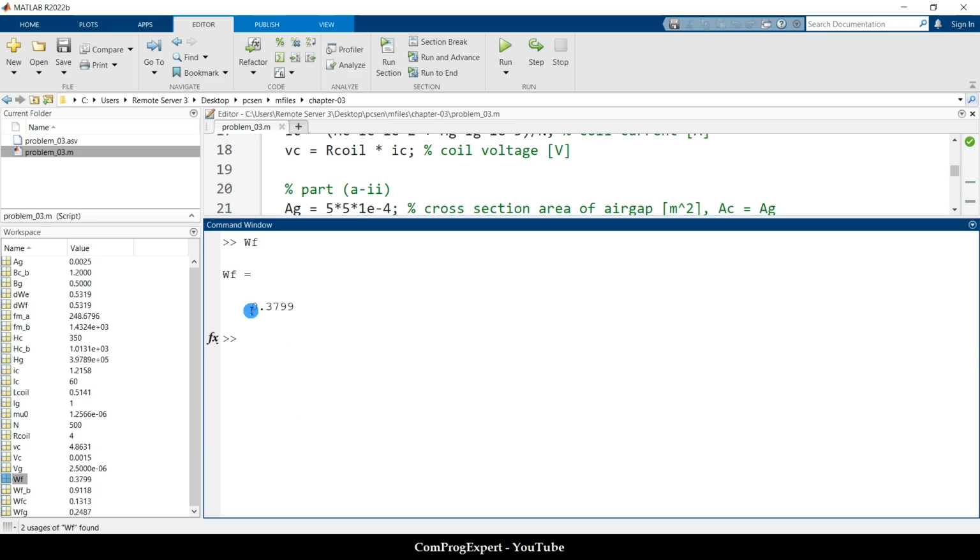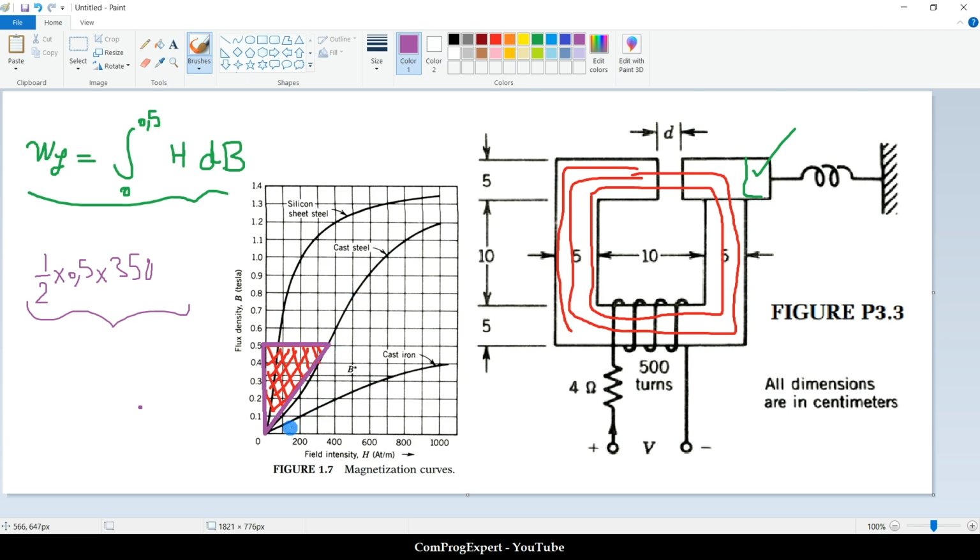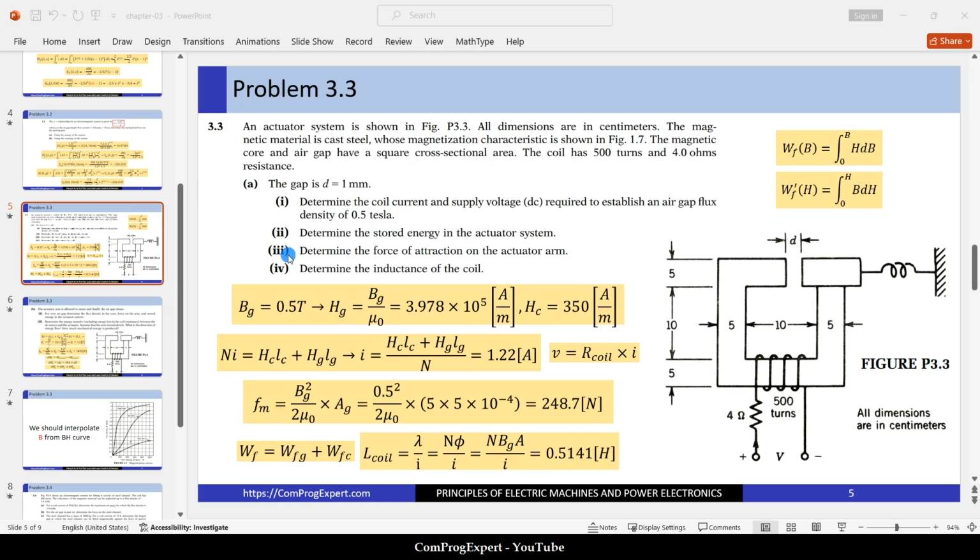That is 0.38 joule. So you can see this number here. Consider our assumptions. Yes, we made this important assumption here. Okay, so now let's solve the next part of the problem.